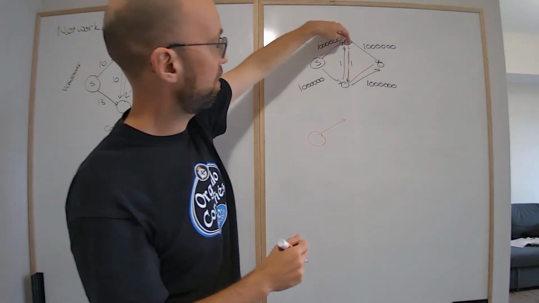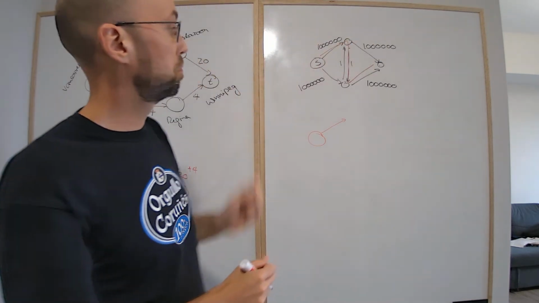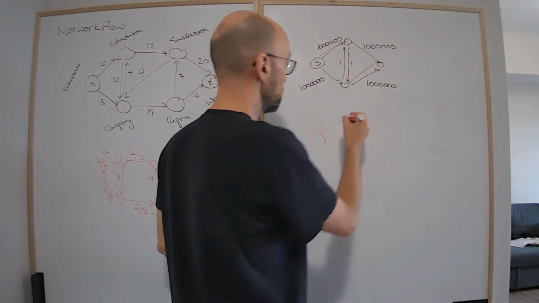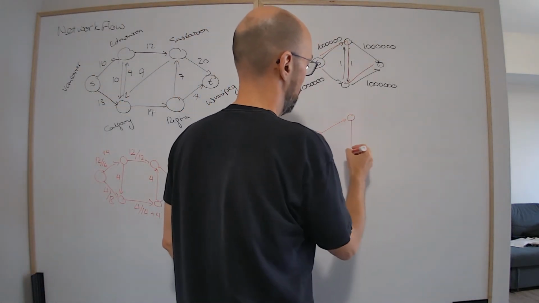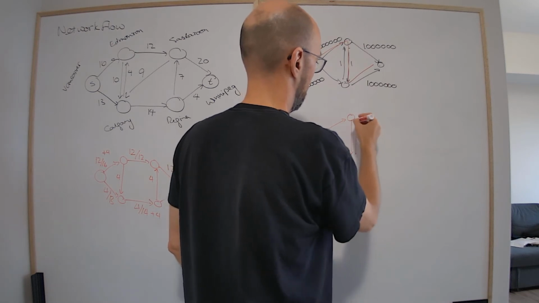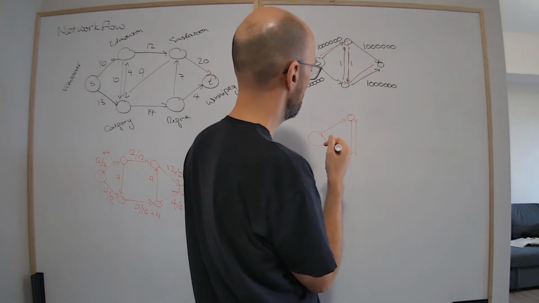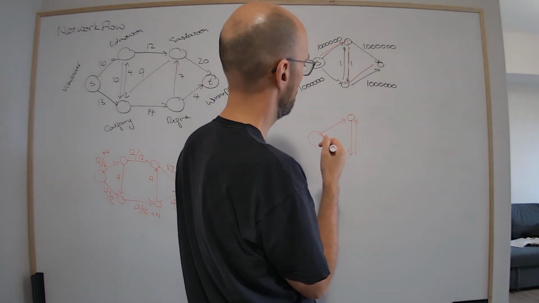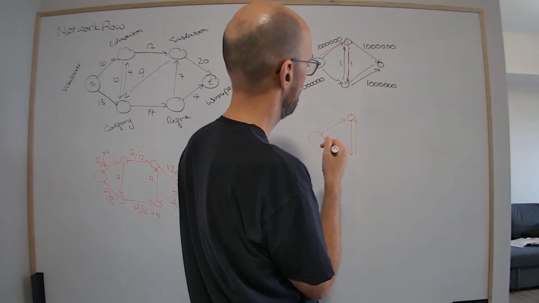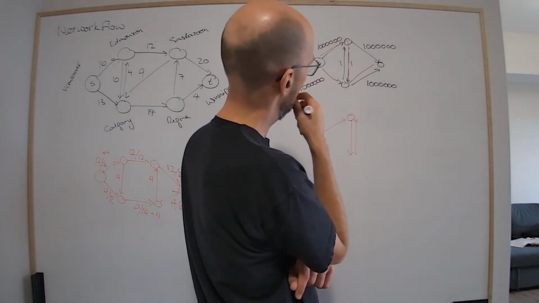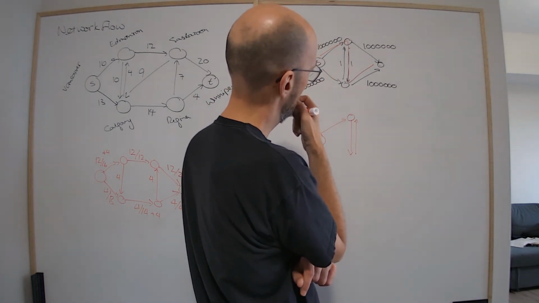Okay, I'm going to go here. This is a path. It's not a very good path, but now, do I need two edges here? What can I do with just one?